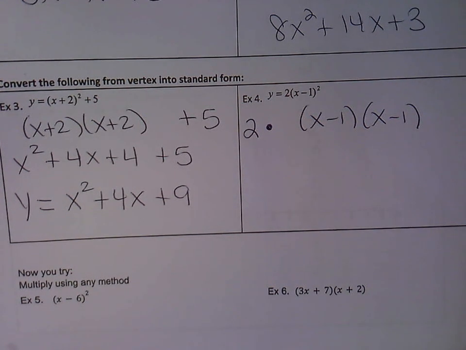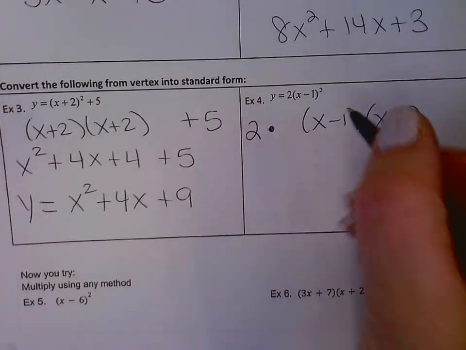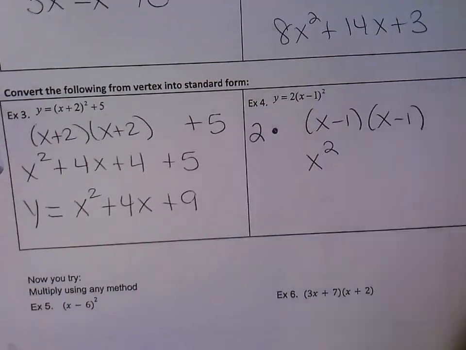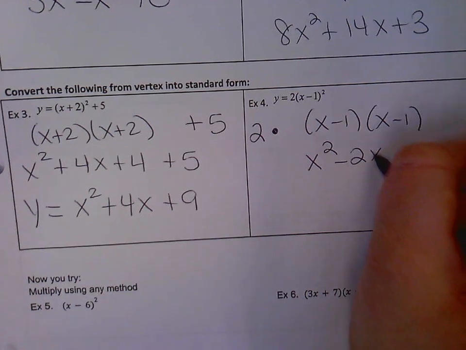So you're going to do x minus 1 times x minus 1. Then at the end, we have to distribute this 2. Don't distribute the 2 first. Yeah. A negative times a negative is a positive. You're going to have a trinomial inside your parentheses, right? What do you get when you do your box? You get your x squared minus 2x plus 1.